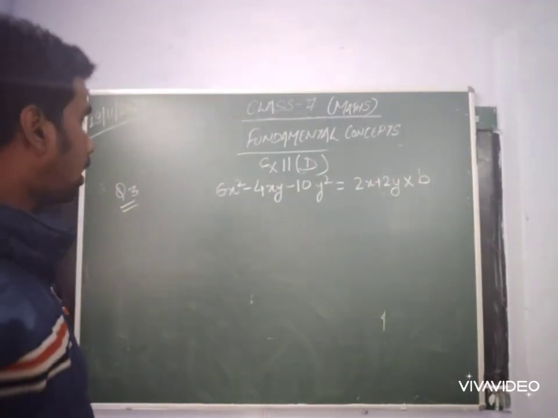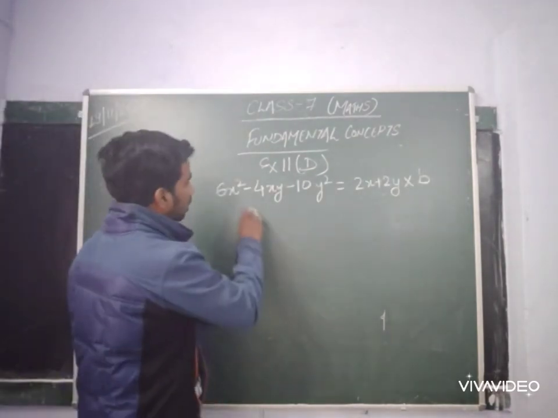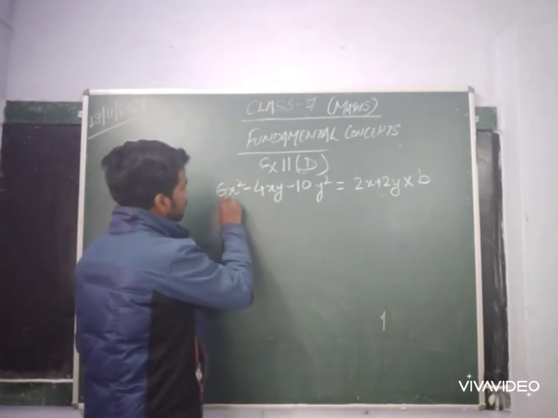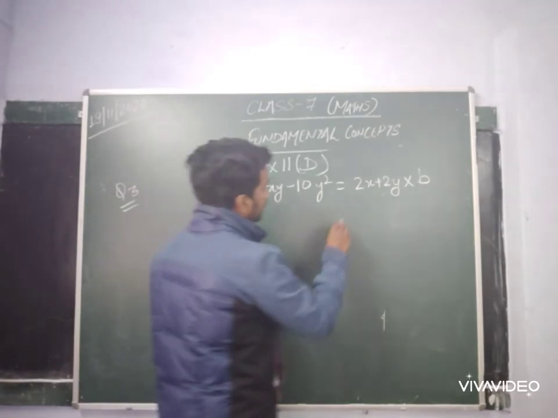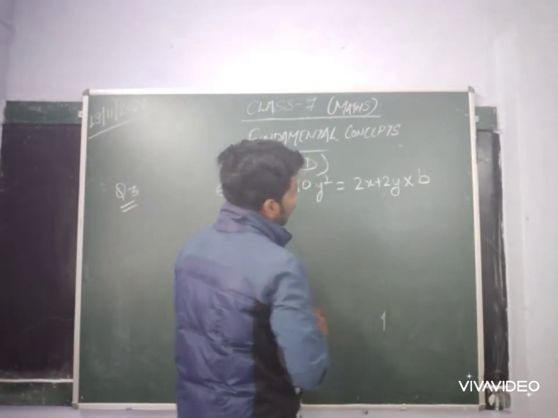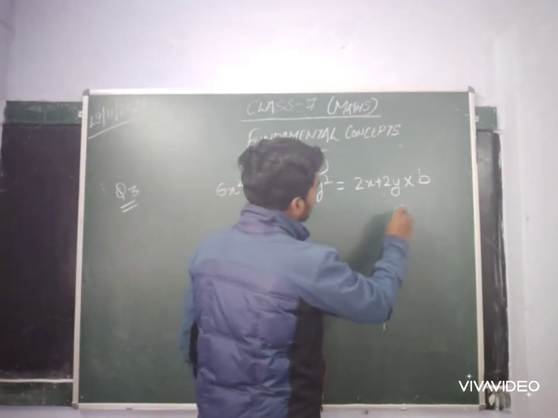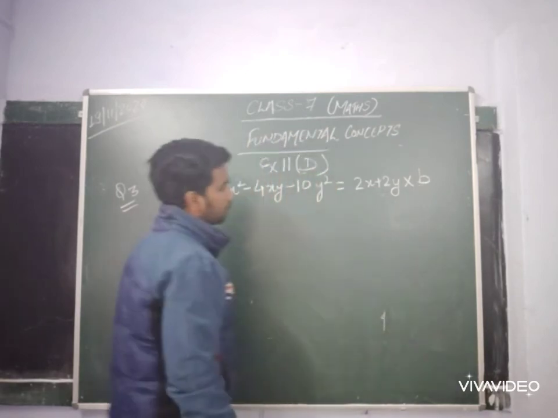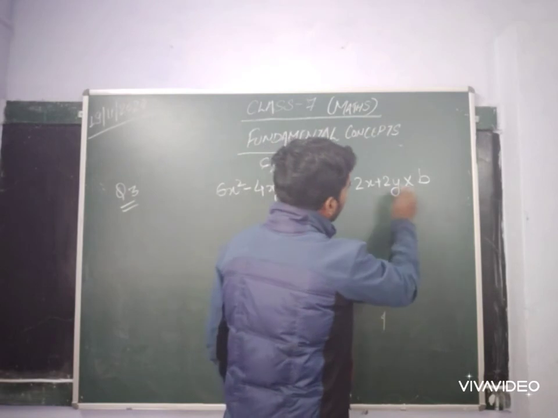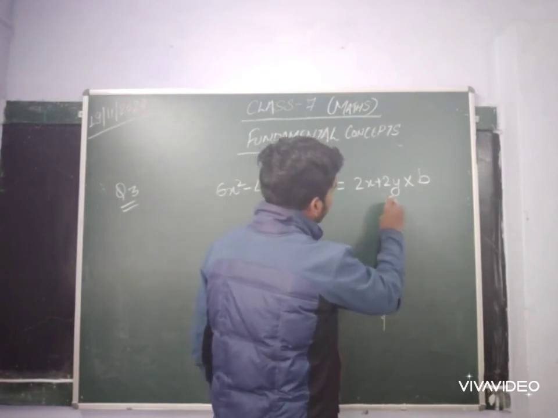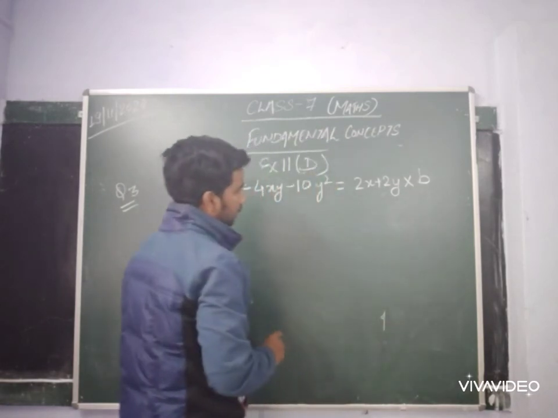Now we will put the value and we will solve. Now see, I have put the values. Area was 6x square minus 4xy minus 10y square. Then I have put the value of 2x plus 2y, that is your length, and breadth we have to find out. So now you are seeing that this length value is in multiplication on this side. Clear?